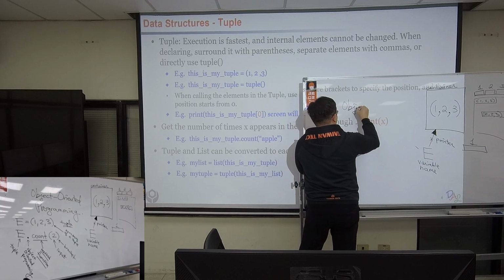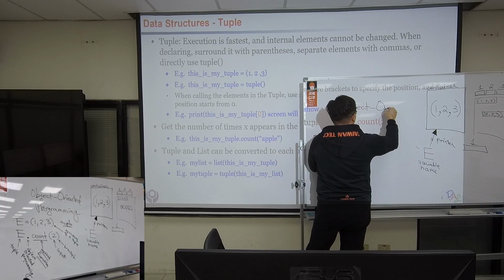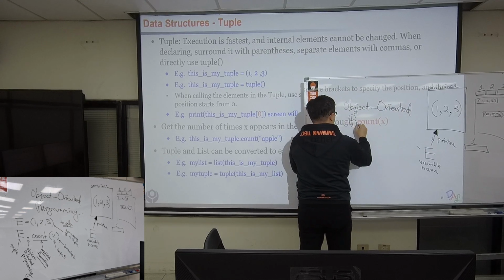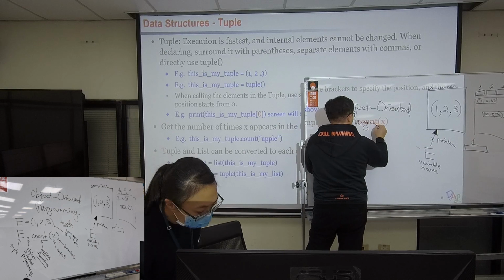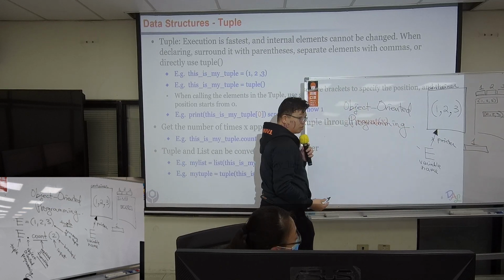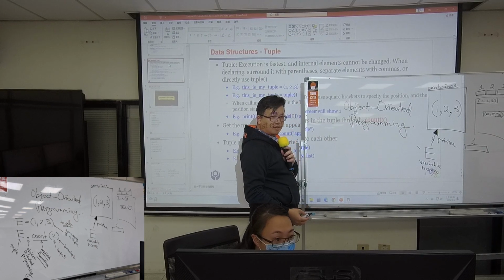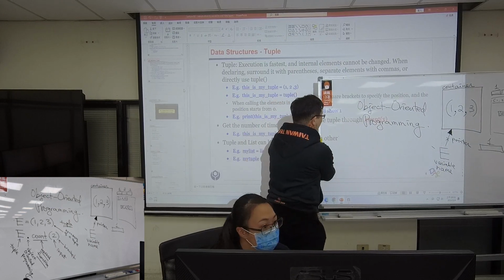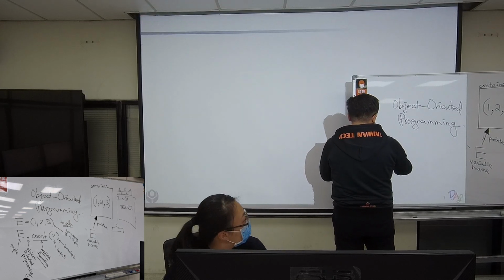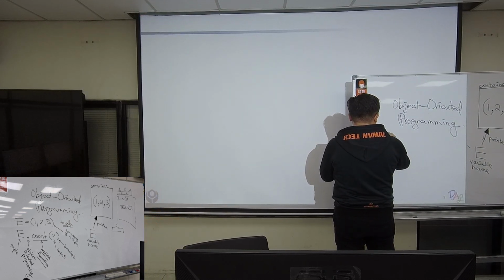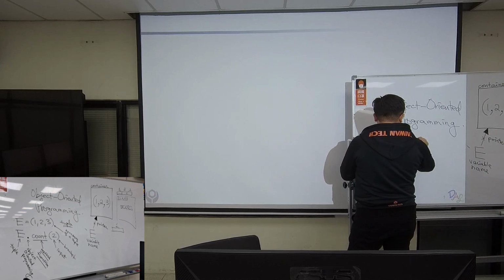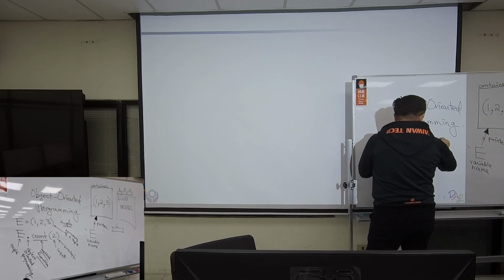So if I have a variable, I was using E. So E is a tuple, right? This is a tuple.